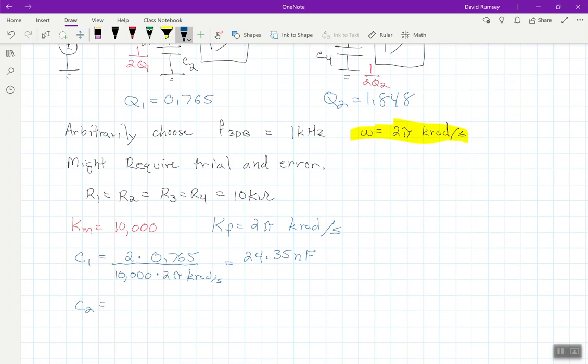But then let's go through here and figure out what C2 would be. C2 would be 1 over 2 times 0.765 times 10,000 times 2 pi kilorad per second. So I now have to go back and redo this.